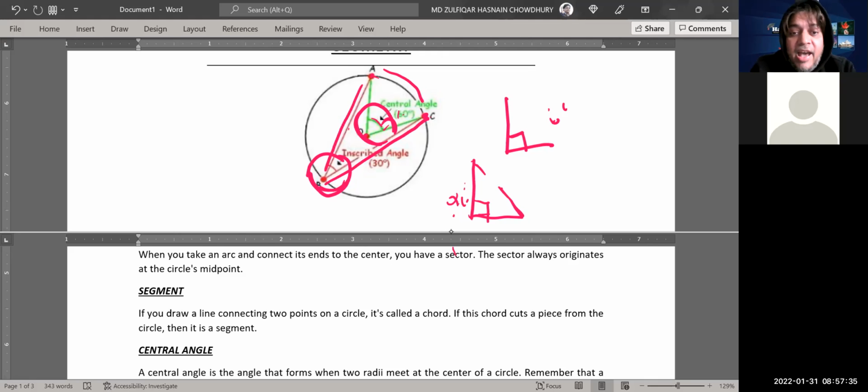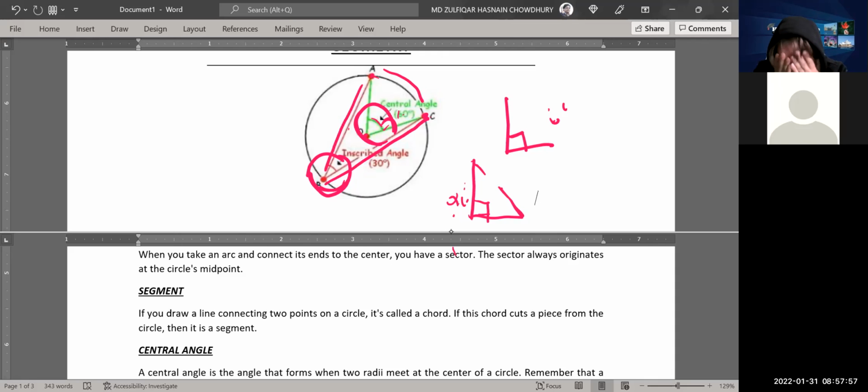This is the fact. We have learned so many terms, and the first fact we have learned about the circle is the central angle is double the inscribed angle. Inscribed angle is half the central angle. What is the fact? Tell me.